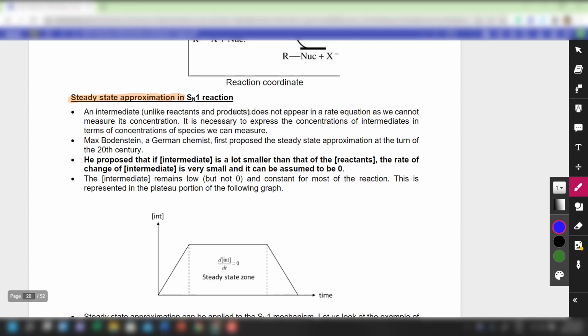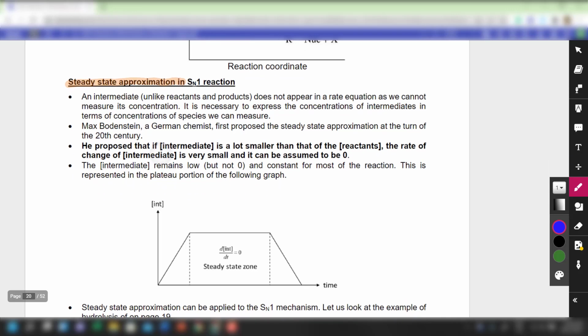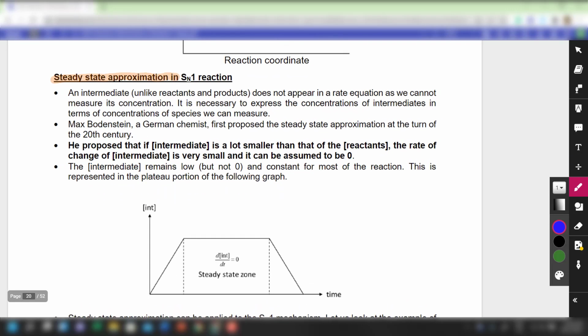But before that, I'm going to highlight one important ingredient: why the steady state approximation is important and what exactly it is. Basically, we are saying that the intermediate, in this case the carbocation, will not appear in the rate equation because its concentration cannot be determined with good accuracy, at least back in the olden days.